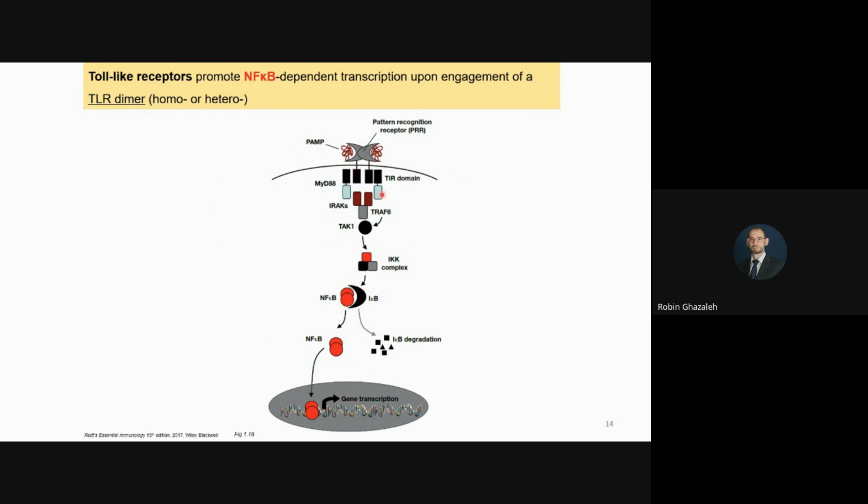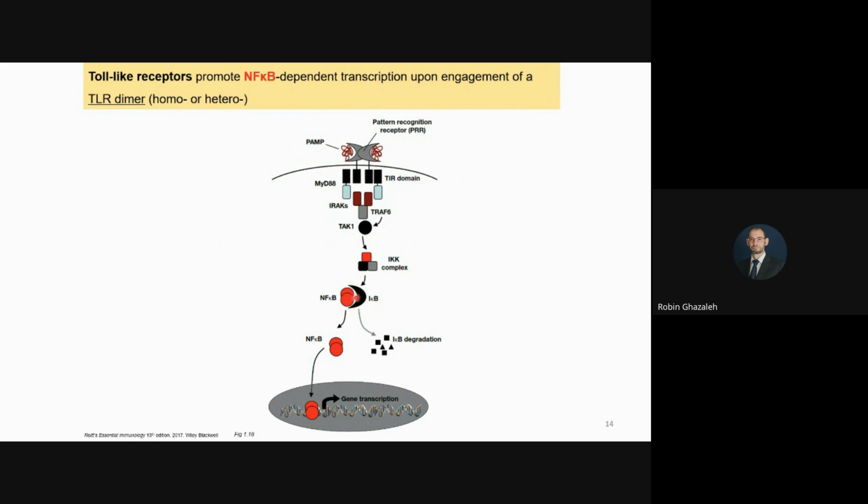What's listed up here, remember I told you that commonly cell receptors need to associate with many other proteins in order to transmit their signal. And the toll-like receptor is no exception. Importantly, this signal activates something called the IKK complex. What this one does is it results in the separation of an inhibitory molecule.